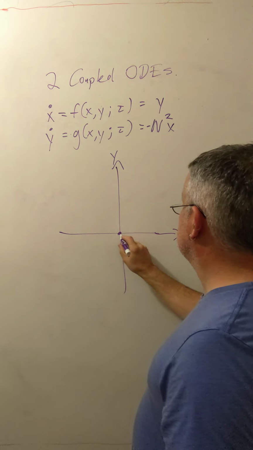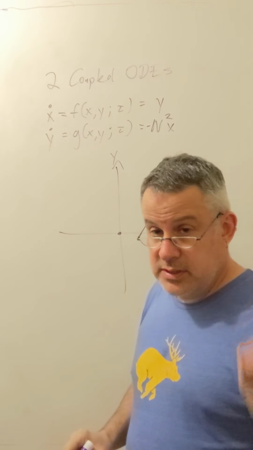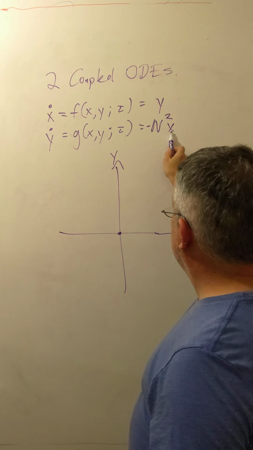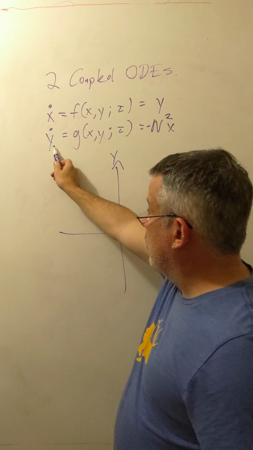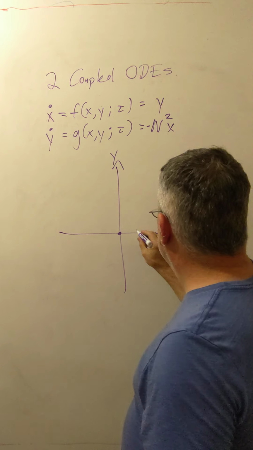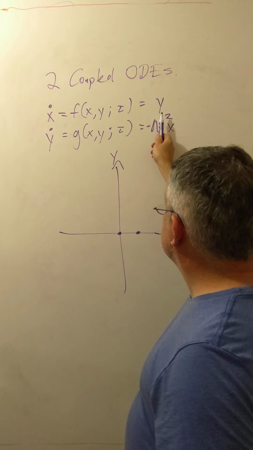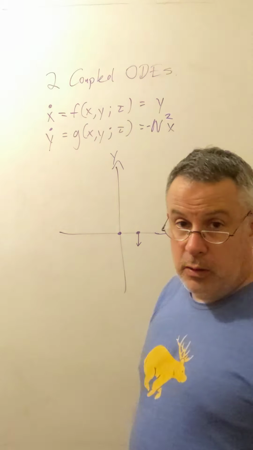What happens if I go to positive x but keep y equal to 0? Positive x here, hey, that is going to be non-zero. There'll be a minus n squared in the y dot direction. But y is equal to 0, so there's no x dot. So that means I'll be going down here.